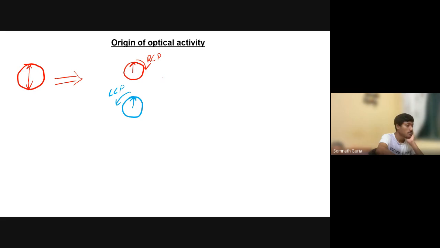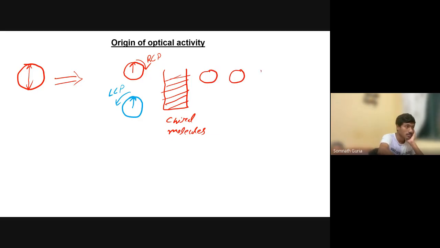Whenever we place some chiral molecule over here, let's suppose a solution of chiral molecule, we have some difference of light.